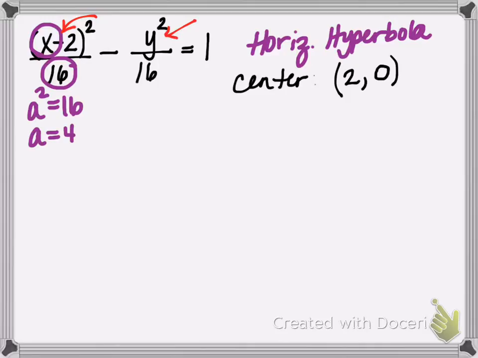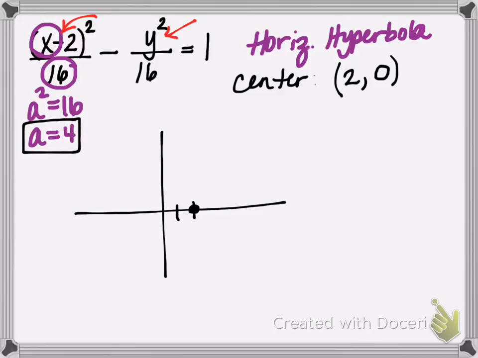So let's go ahead and begin generating our graph. So right 2, 2, 0, here's the center of our hyperbola. And then we know that because the a value was 4, and we've already decided that it is a horizontal hyperbola, then from the center I'll travel to the right 4 units, and that will be one of my vertices. And then to the left 4 units to get to my second vertex point.